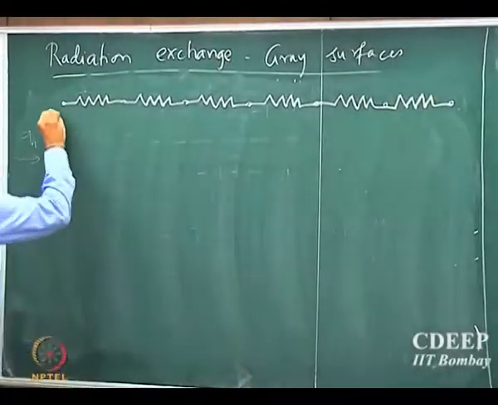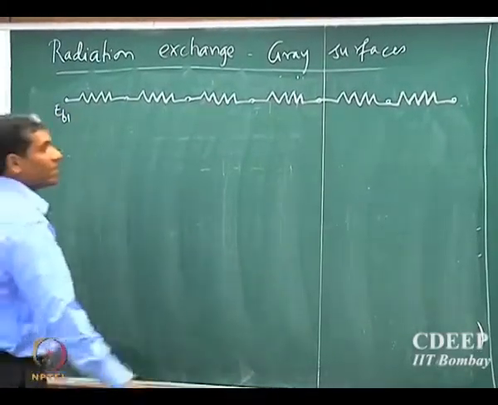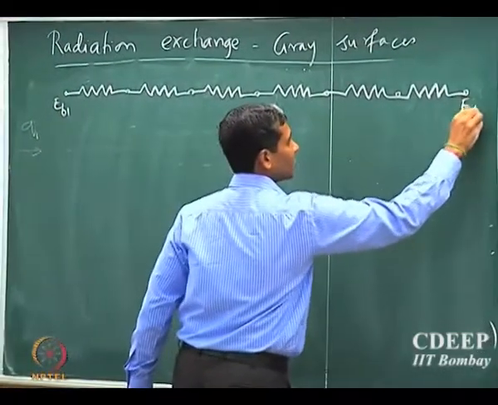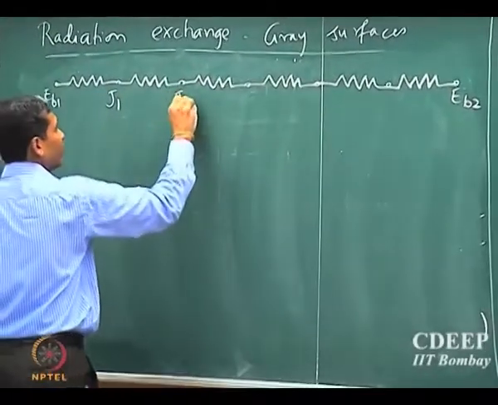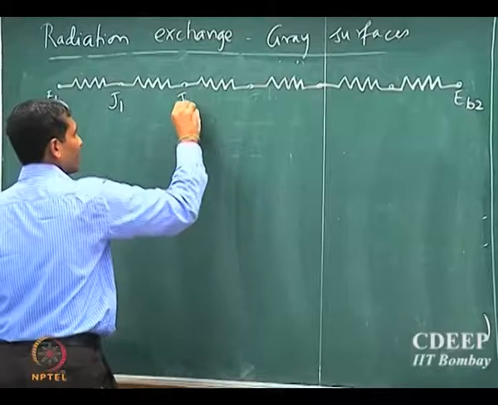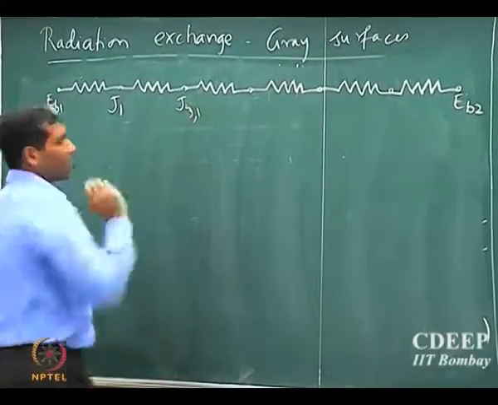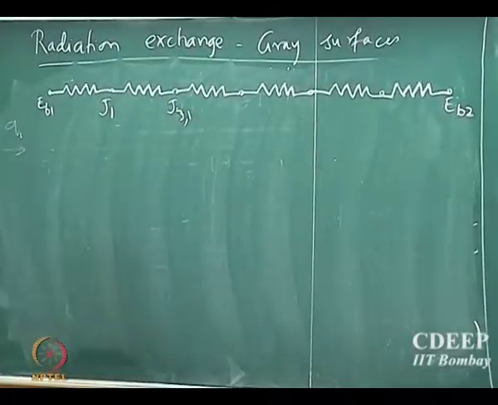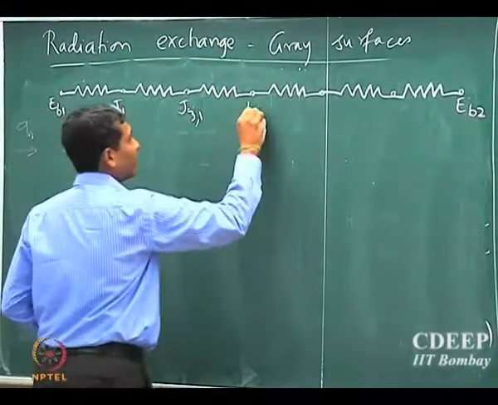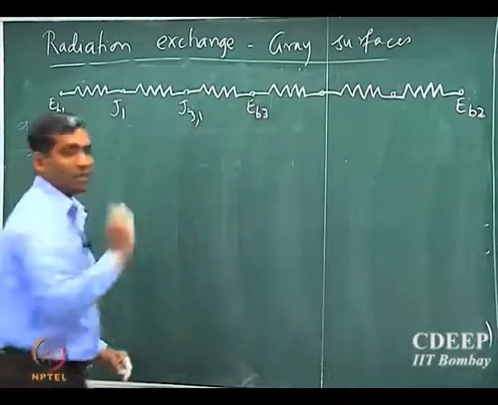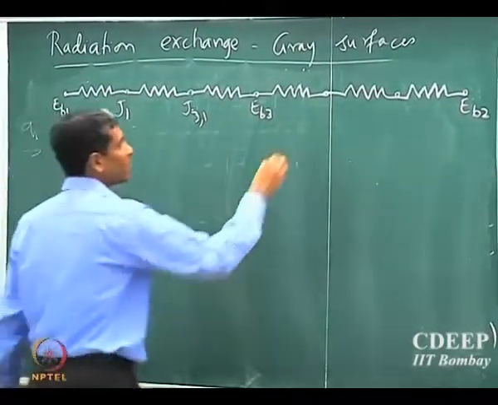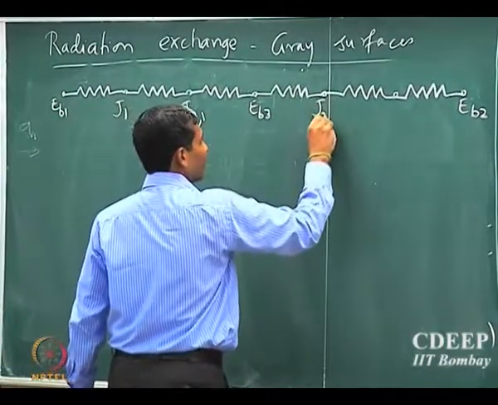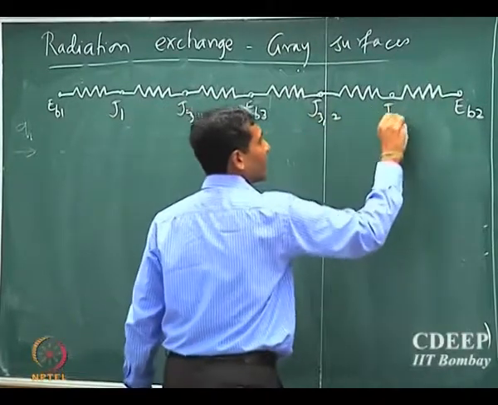So, this is EB1 and this is EB2, okay. This is J1, J2, J3, that is on the side which is facing surface 1, and this will be EB3, that is the corresponding blackbody radiation for the third surface, and this is J32 and this is J2.